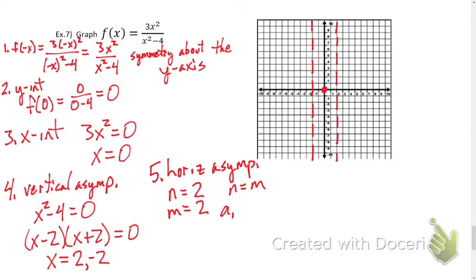You look at these lead coefficients in the top and in the bottom. So I see a 3 up top, and I see a 1 on the bottom. That 1 is this one right here. Look at the typed thing up top. There's an imaginary 1 there. So you put those over each other, and you have your horizontal asymptote at 3. So make a dashed line going sideways at 3.